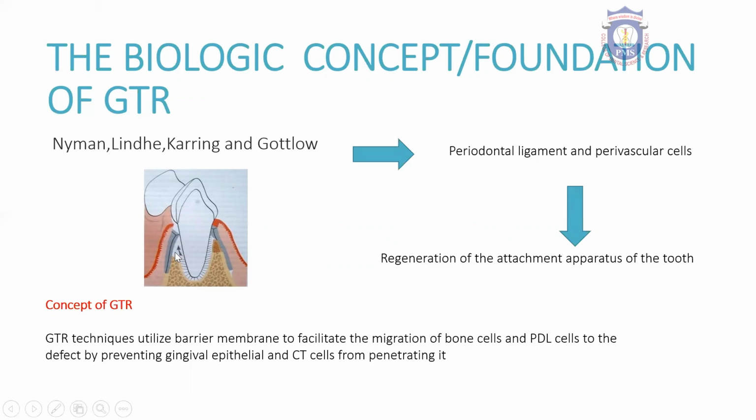In this image, you can see a barrier membrane will prevent the epithelial cells and the connective tissue cells from reaching the site while allowing the migration of bone cells and periodontal ligament cells. And the periodontal ligament cells have the capacity to regenerate the attachment apparatus of the tooth.